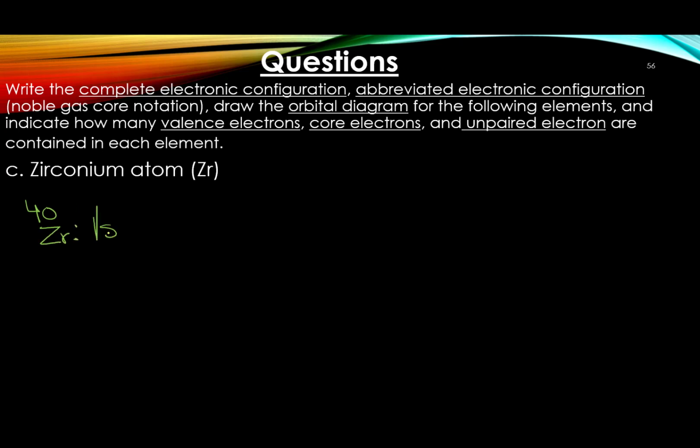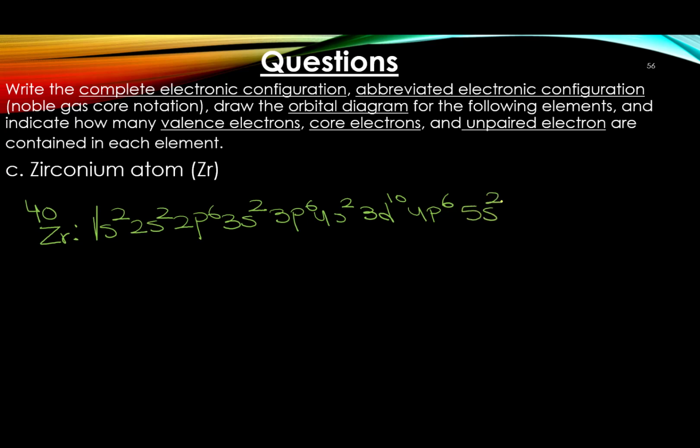Then it's 1s2, 2s2, 2p6, 3s2, 3p6, 4s2, 3d10, 4p6, 5s2, and 4d2.